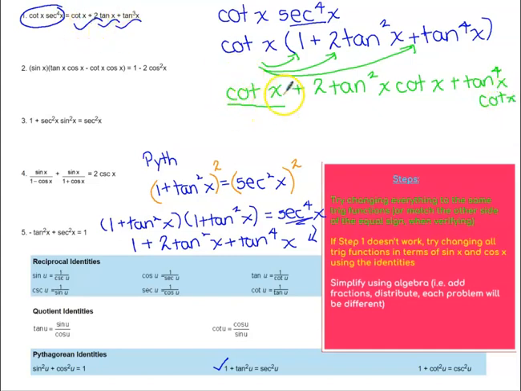Leave that alone. But everything on the right after that is in terms of tangents. So for the rest of the terms, change everything in terms of tangent, meaning everything cotangent, change it in terms of tangent using the identities, and simplify from there. So hopefully this helps you guys out. Let me know if you have any questions.